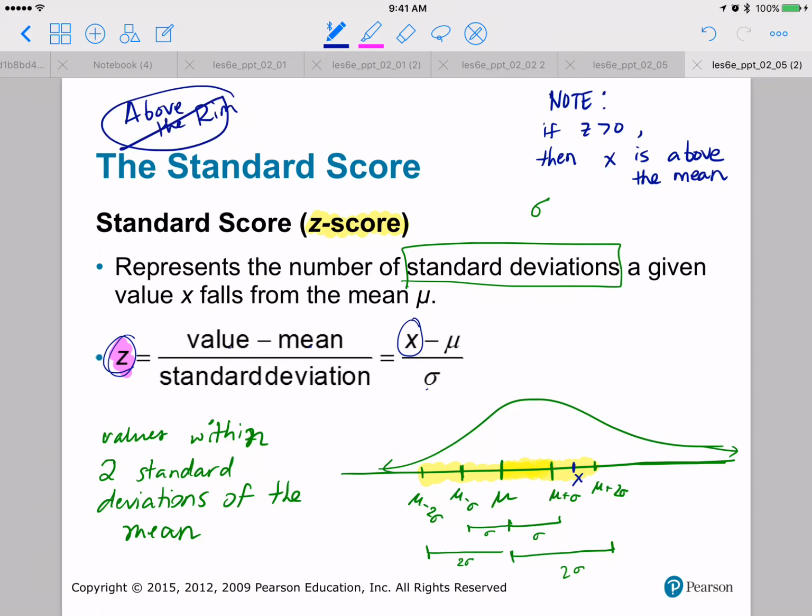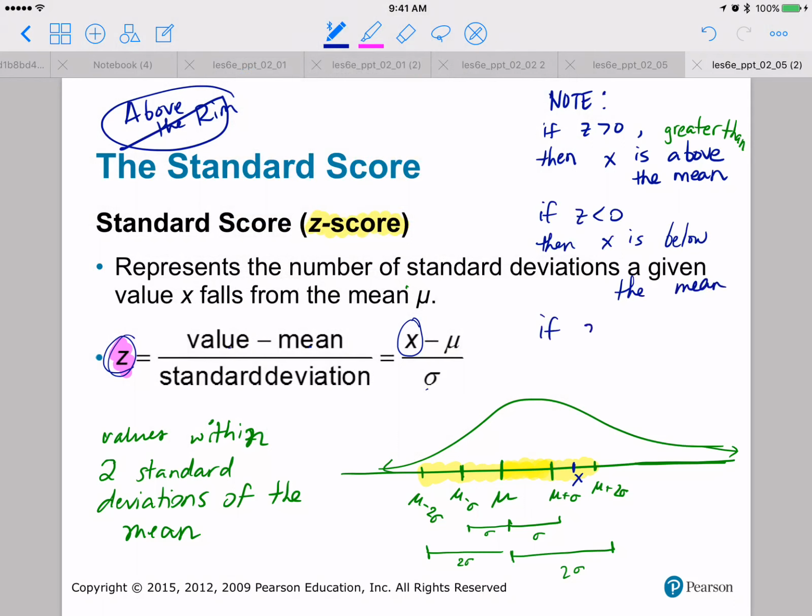Okay, so if z is positive, then x is above the mean. If z is negative, x is below the mean. And what does it mean to say it's above the mean? This means x is greater than the mean. If z is negative, then x is below the mean.